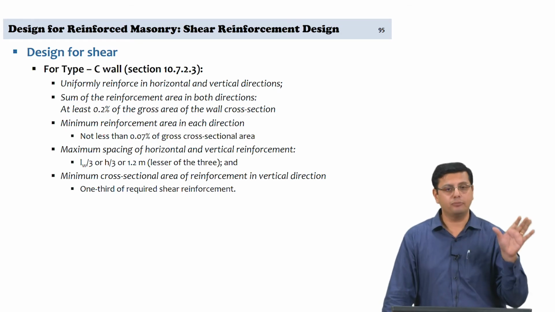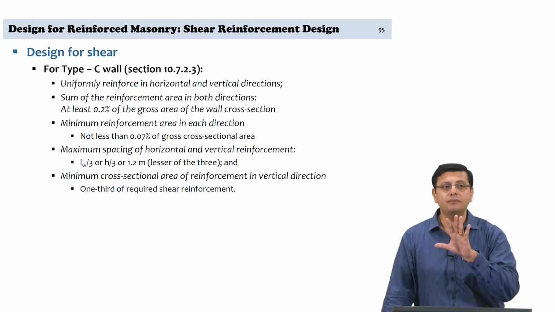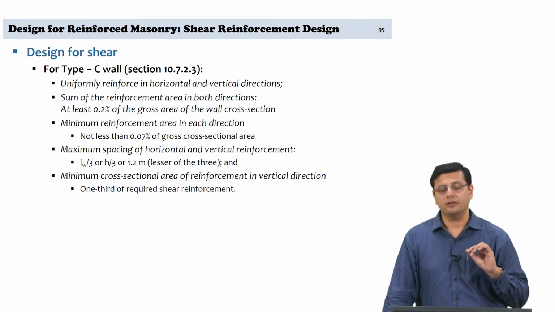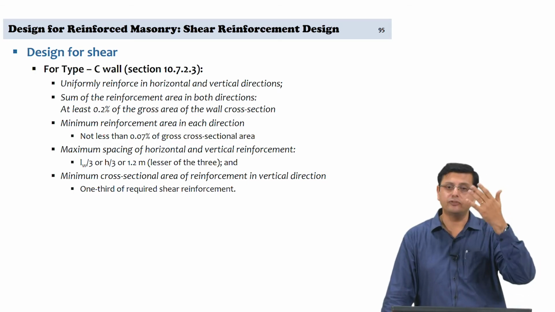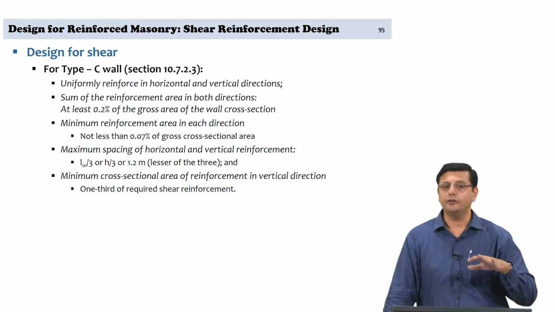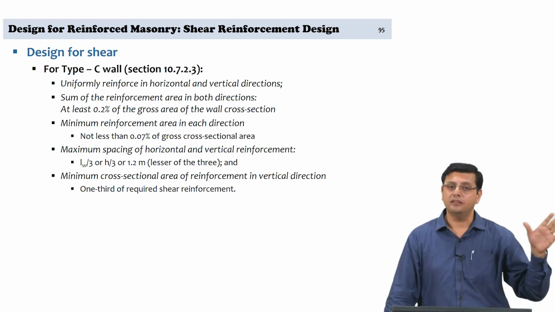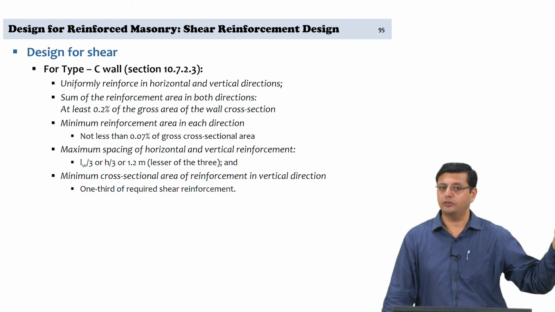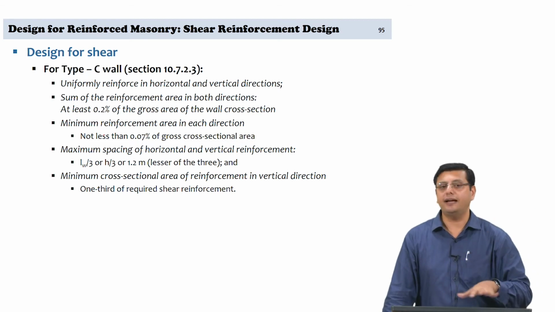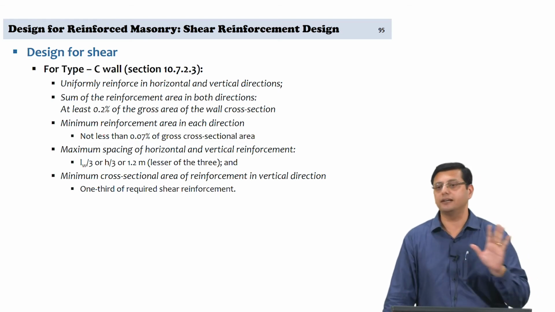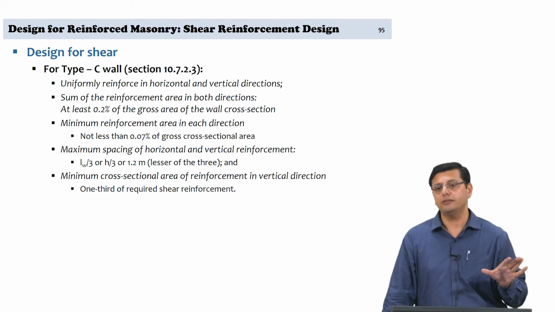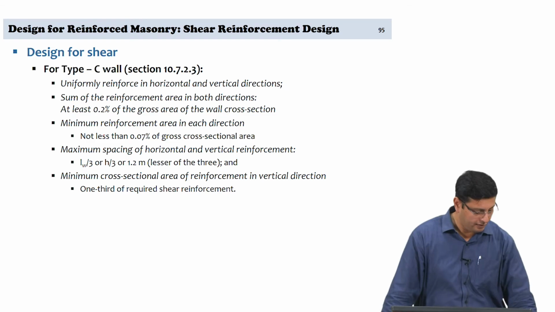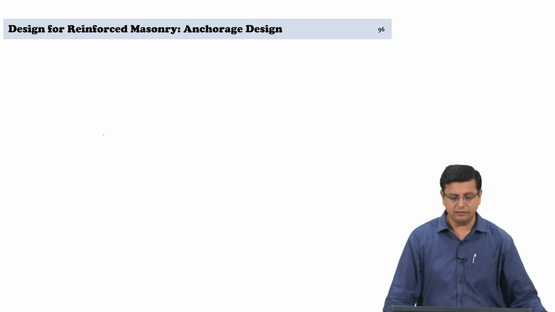The spandrels are the portions between the vertically aligned piers, and minimum steel is prescribed for the spandrel regions. So, if you look at areas of masonry above the window opening and below the window opening, you will have to ensure that the minimum reinforcement that we have been talking of for type A, type B, type C wall is adhered to as far as these regions are concerned. So, design is only going to be for the piers.